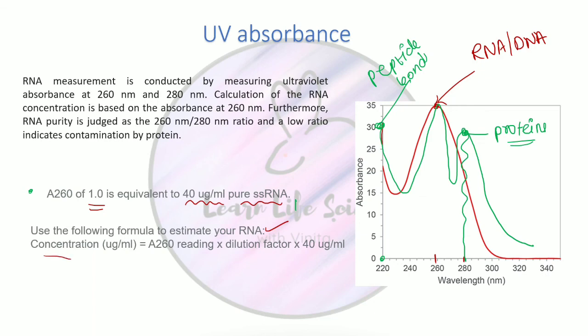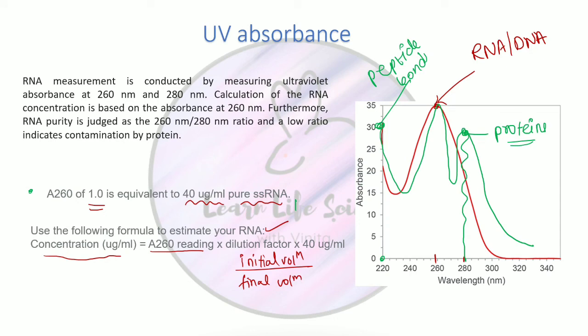So the concentration of RNA in microgram per ml can be given as the absorbance which you have taken at 260 nm, then you will have to multiply it by the dilution factor. If you have diluted your sample, you will have to consider that too. Dilution factor is nothing but the initial volume of your sample divided by the final volume of your sample.